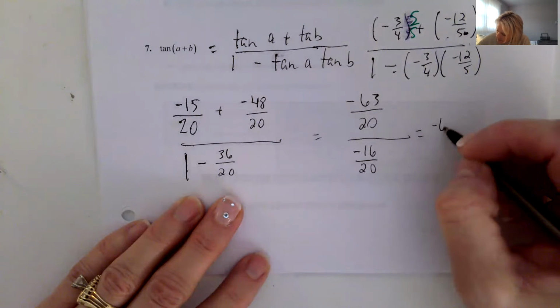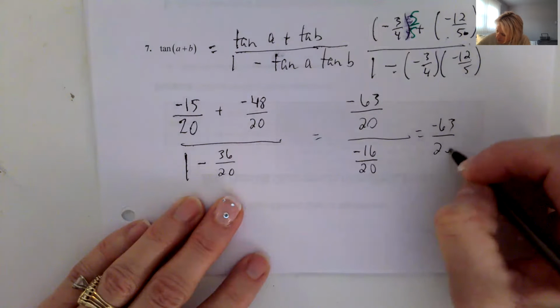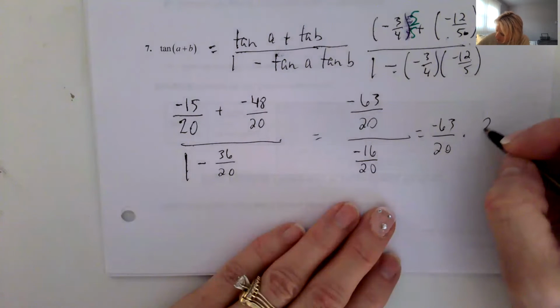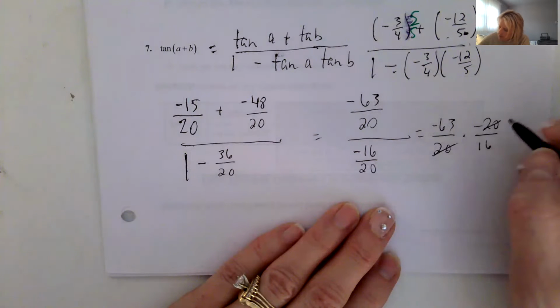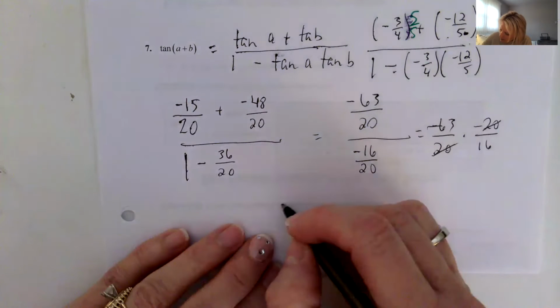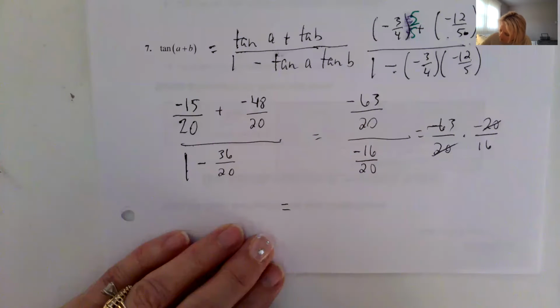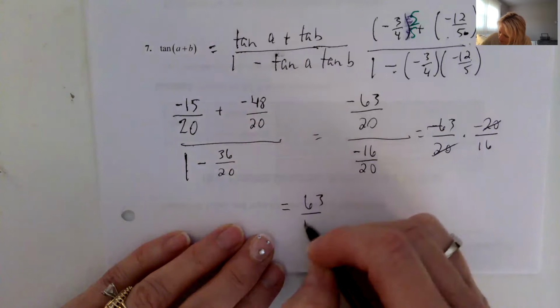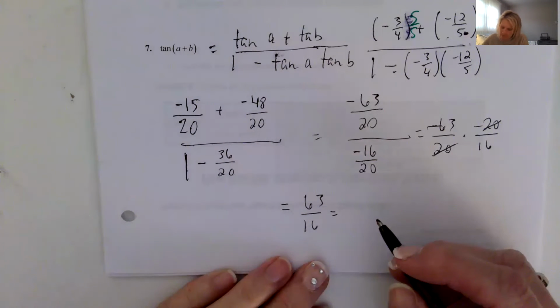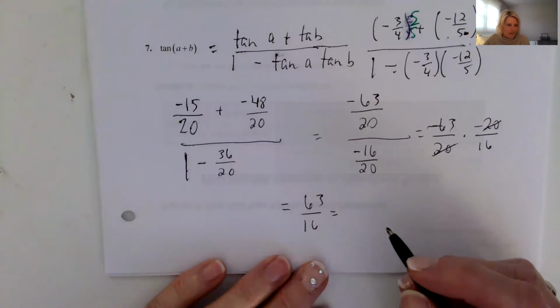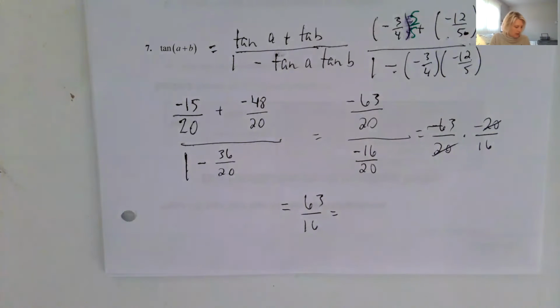And so this becomes a negative 63/20 times the reciprocal, a negative 20/16. So those cancel. Negative times negative gives us a positive 63/16. And I don't believe that reduces to anything spectacular. 63 divided by 16. Nope, it doesn't. So we're going to leave it as 63/16.